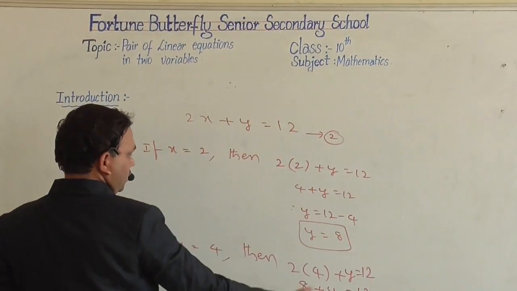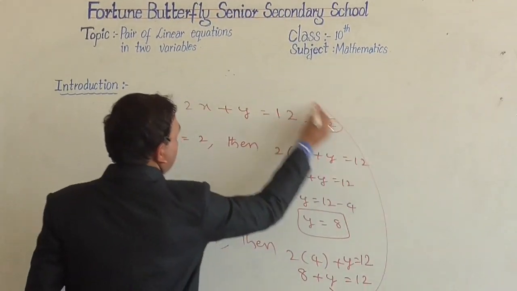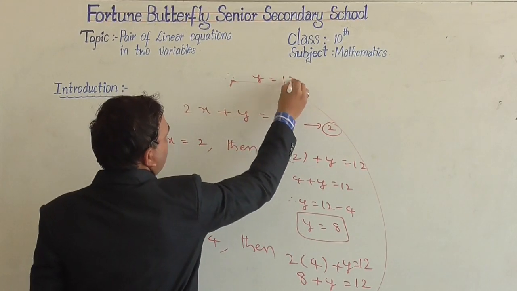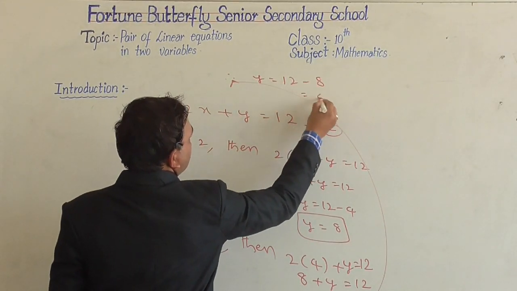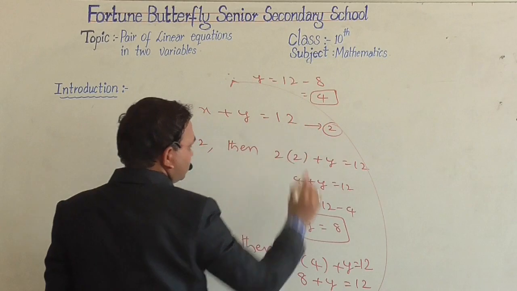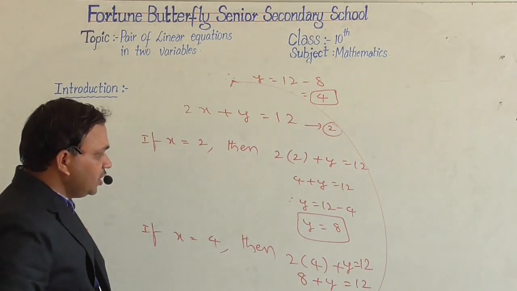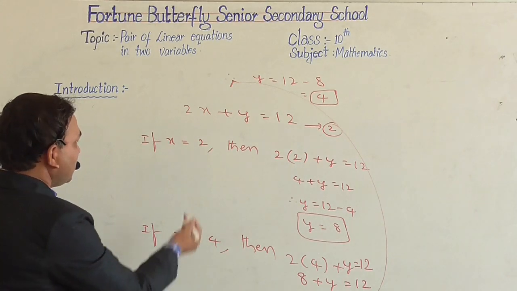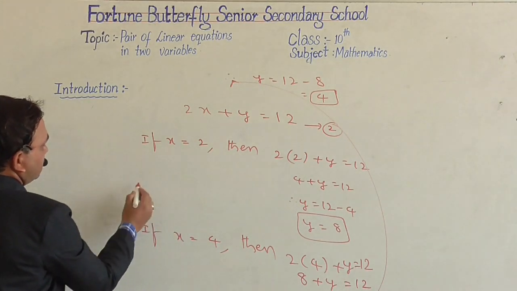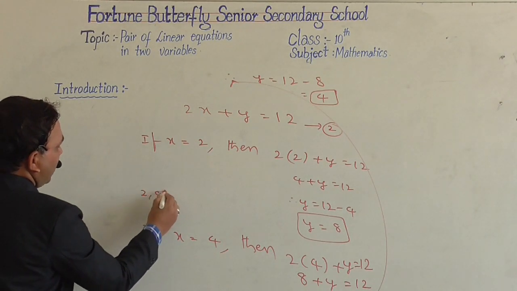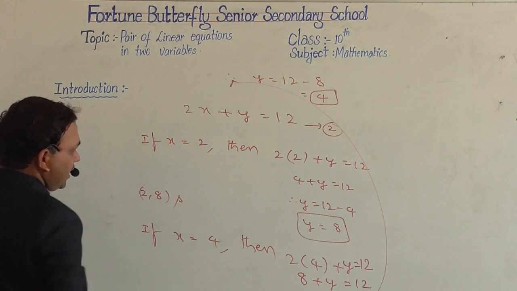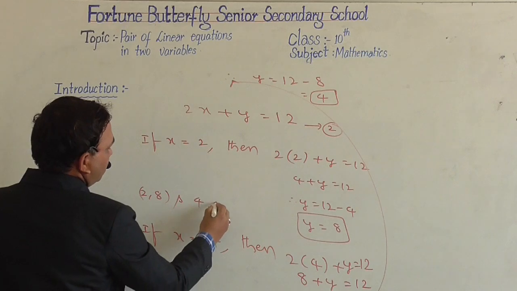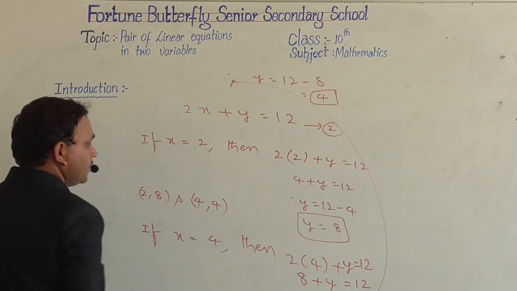Therefore, y is equal to 12 minus 8, that is equal to 4. Now we have another two pairs of orders. The first pair of order is 2 comma 8 and the second pair of order is 4 comma 4.